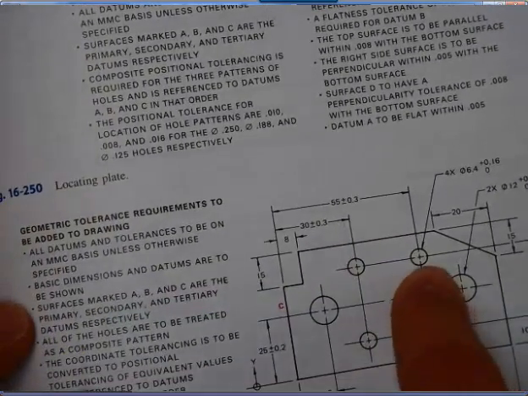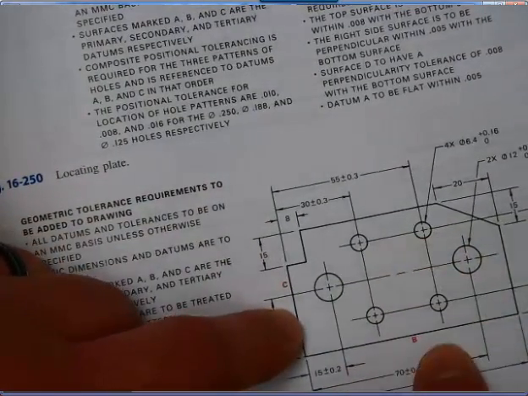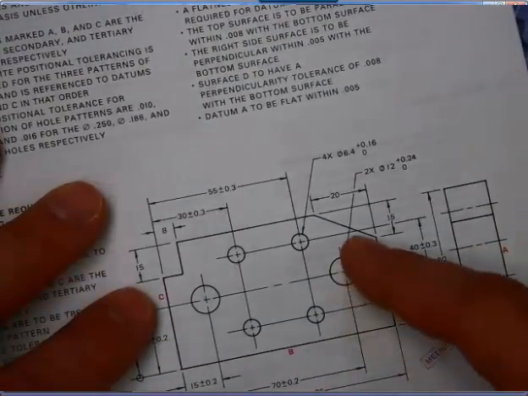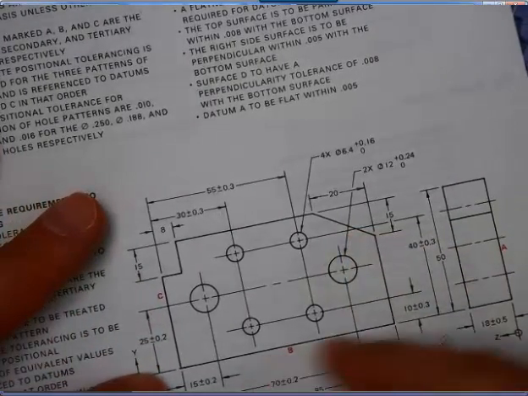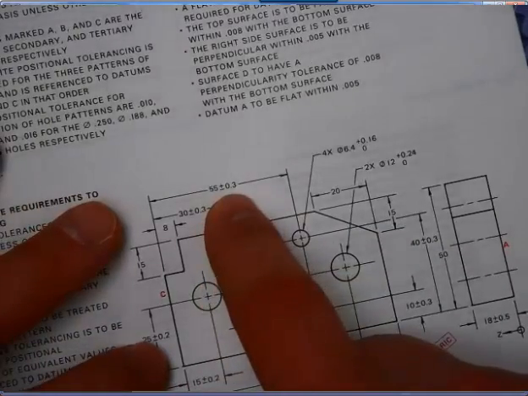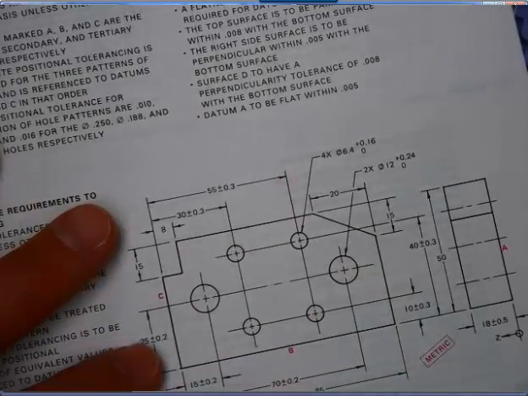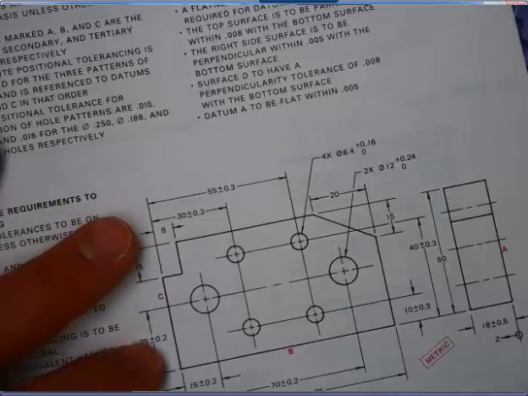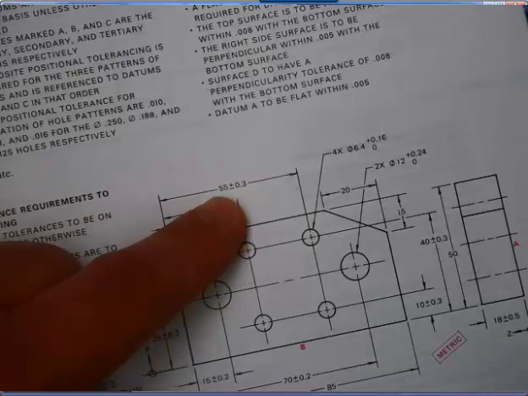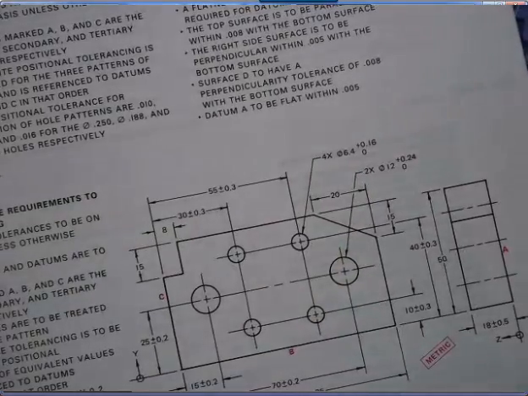If I'm calling out this hole, for example, it's relative to datum C and relative to datum B and also relative to datum A because it's perpendicular to that, so A, B, C. Then I'll need to make sure that my dimensions come from the bottom, from datum B, and from the left side, from datum C. And then I'm going to take this plus or minus 0.3 and use the Pythagorean theorem to figure out what the diameter of that shape is going to be, and call it out that way instead of calling it out with the tolerance here. So I would just have the 55 in the basic box, and then add the control frame to the hole.